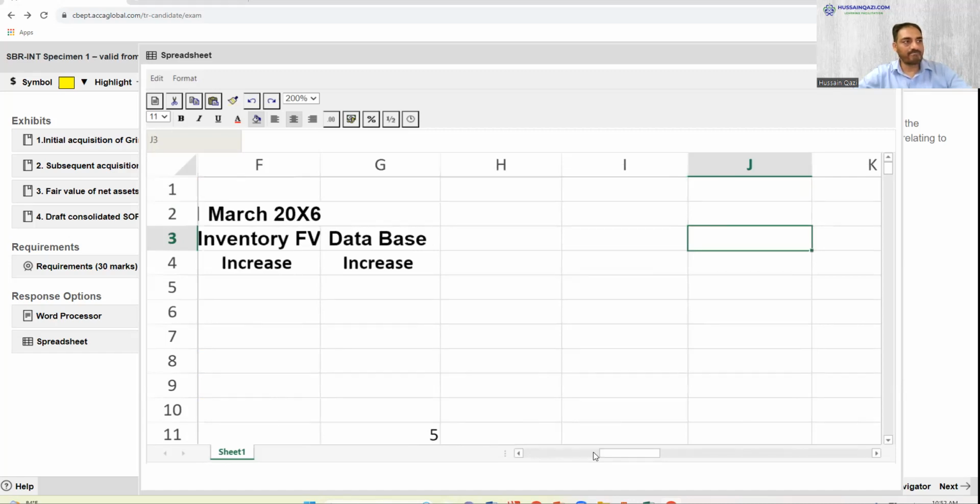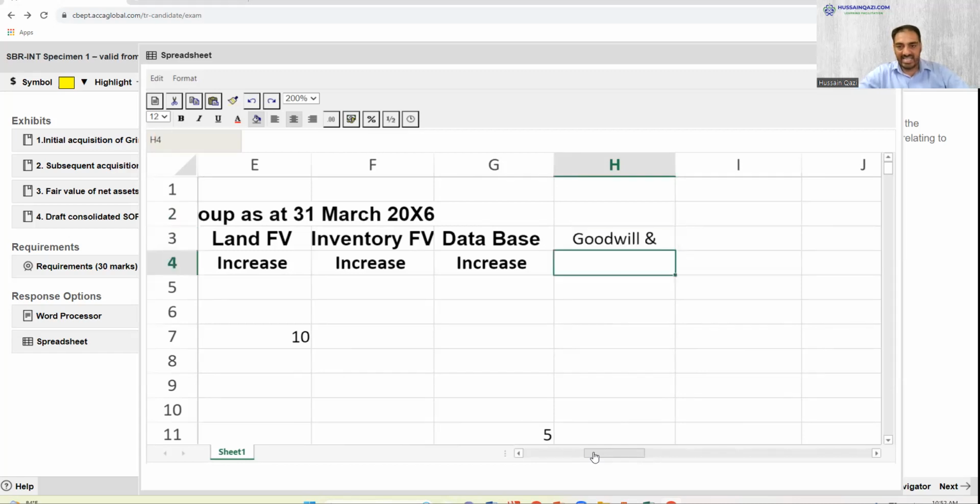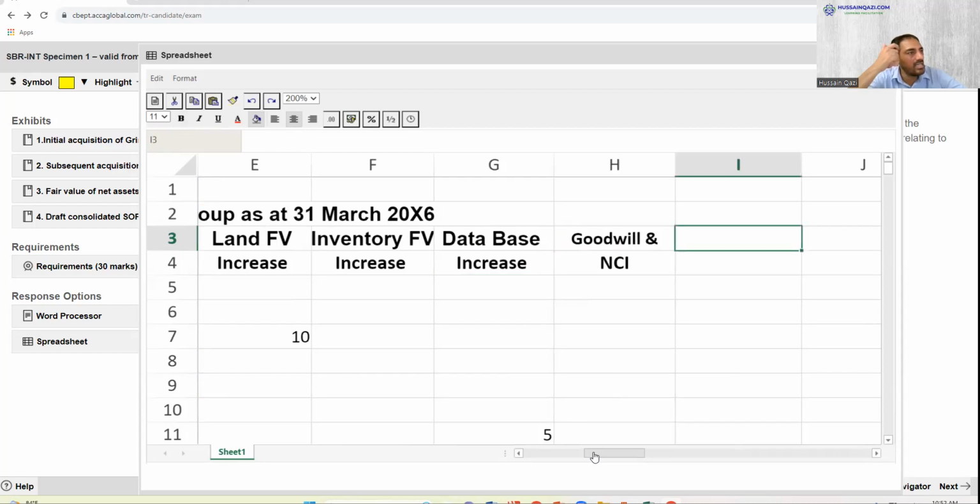Now the final point. Here I will mention goodwill and NCI. But we also need to consider the consideration or investment.